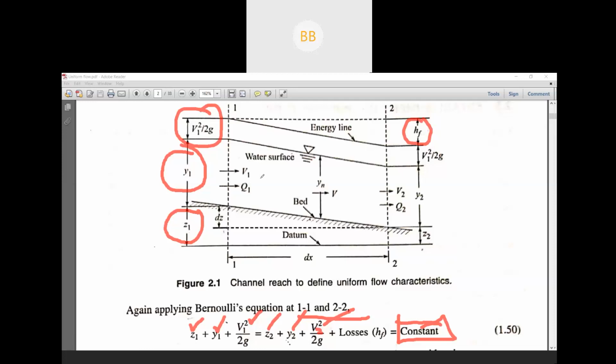So if you see in this equation, total energy at section 1 is equal to total energy at section 2 plus loss.